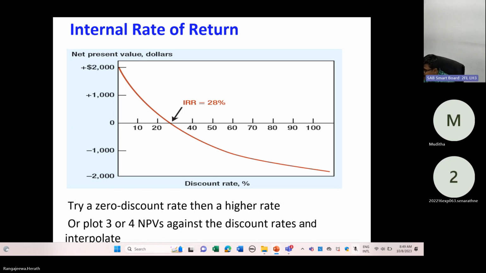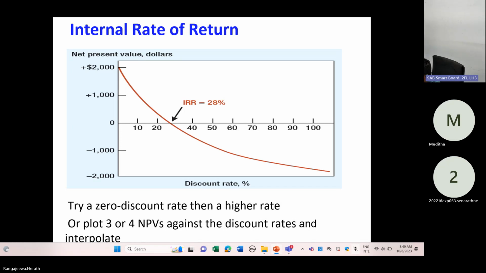So your IRR is 28%. According to the investors' expectation, they need a 30% return. Their minimum expected rate of return is 30% because their cost of capital is high. And considering other factors, the risk of the project is high, so we are expecting a 30% return.